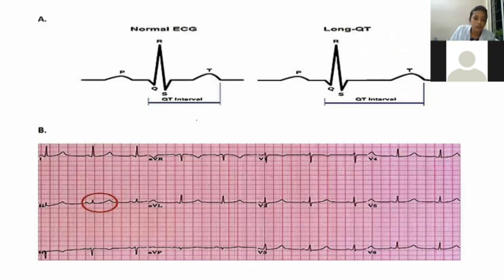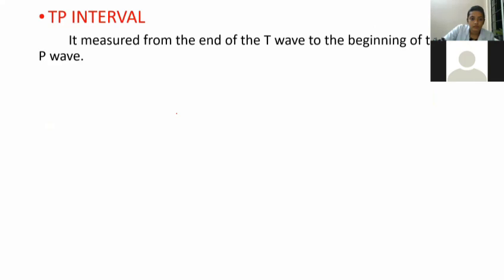Here you can see a normal ECG with a normal QT interval, and here is an image with a long QT interval. Next, there are some more intervals also. The TP interval is measured from the end of the T wave to the beginning of the next P wave.